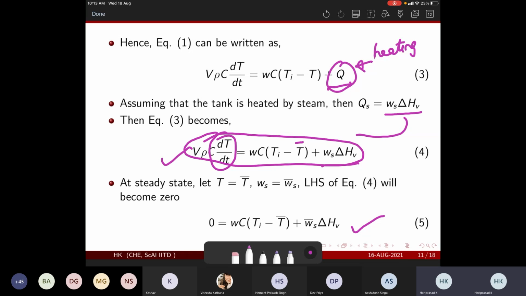Assuming that this is the nominal heat flow and W bar is the nominal steam flow, and of course the left hand side is 0. So equation 5 is derived from equation 4 by considering the steady state condition. I hope this is also clear to you. Any questions here?